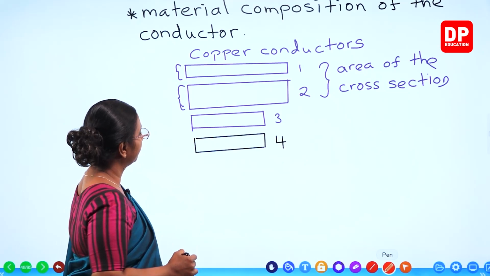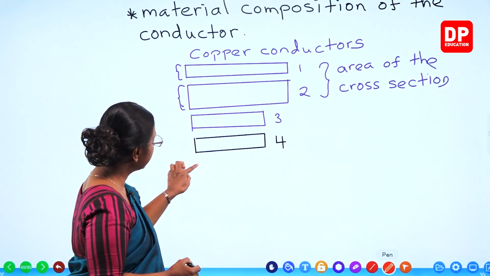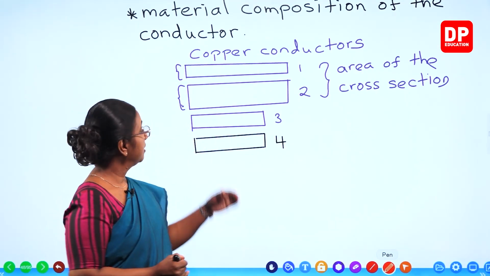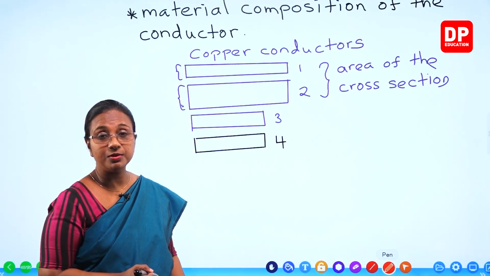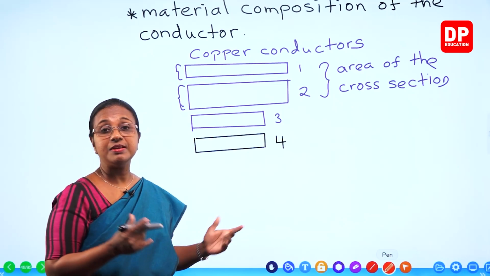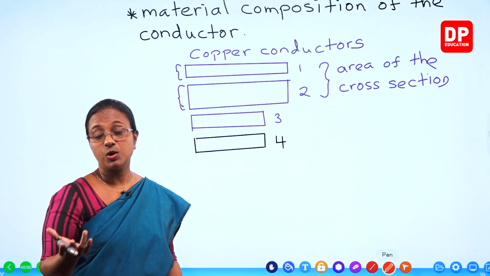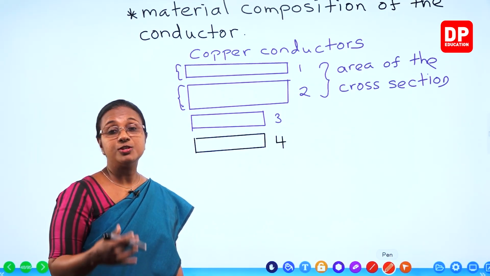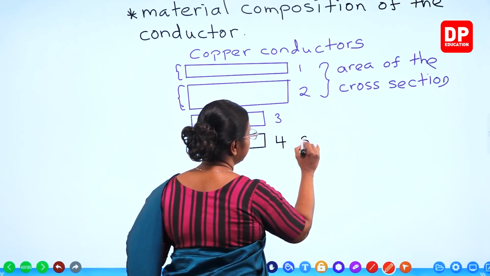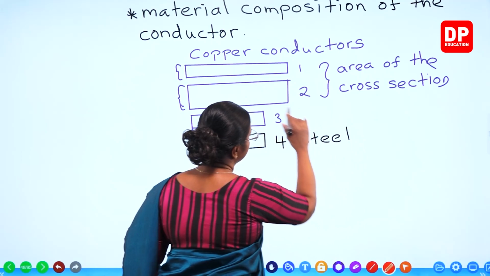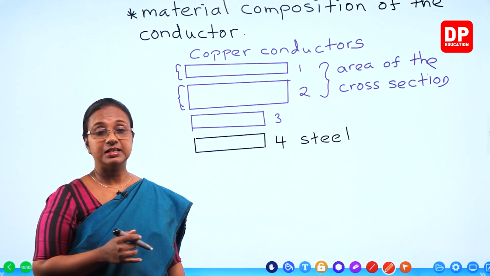Now 3 and 4 have the same length and the same area of cross section, but the third one is copper and this one is made of iron or steel. Then also the resistance will be different. So if this is steel, then it is the material.